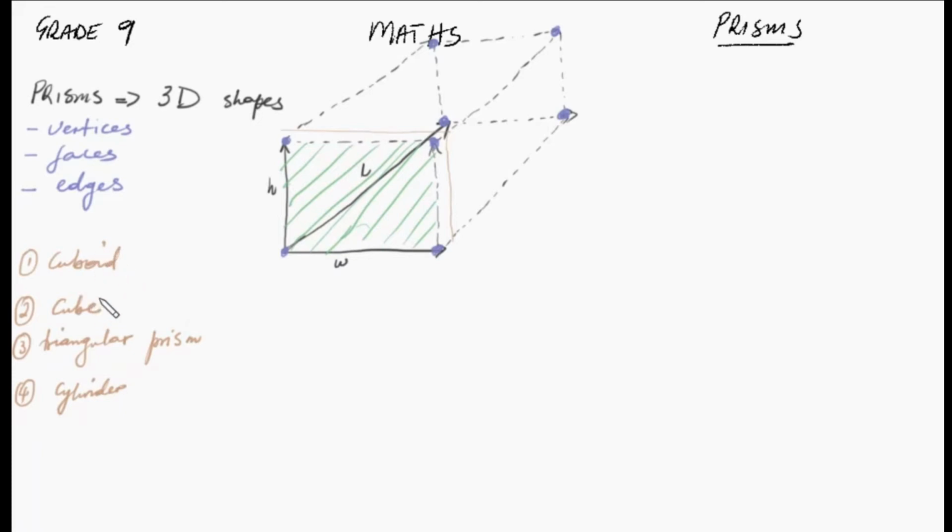Now let's look at the cube or the cuboid. Let's look at the cuboid and try to look at the vertices, the faces, and the edges. Now, when we talk of a cuboid, we are going to talk about a rectangular prism.